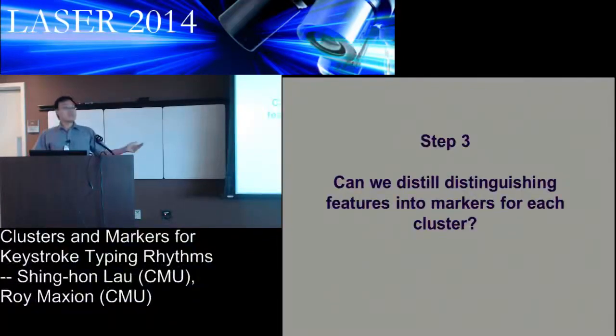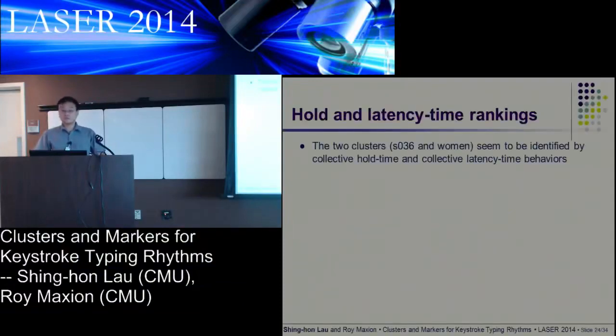So step 3, distilling these distinguishing features down into markers. To do so, I'm going to introduce the concept of hold and latency time rankings. So there's 2 clusters, 36 and women, and they seem to be identified by collective hold time behavior and collective latency time behavior.